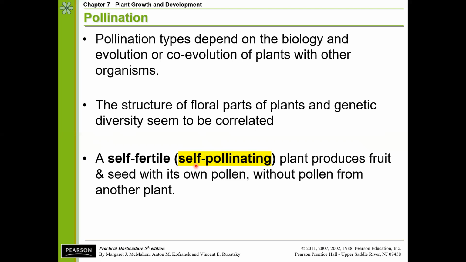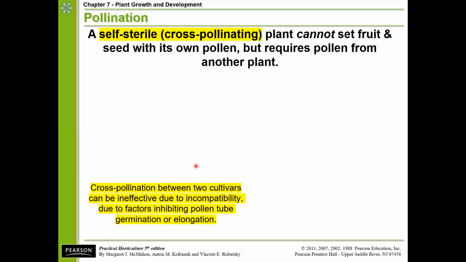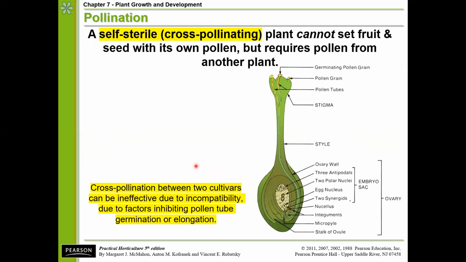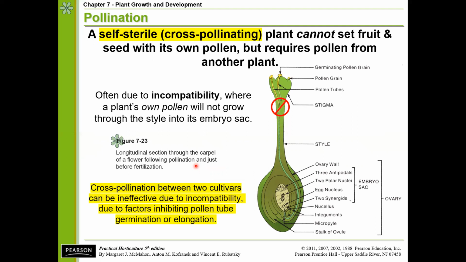And those plants are often very easy to save pure seed from because of that self-pollination. Then we have cross-pollinating plants. They cannot set fruit and seed with their own pollen, so they require it from another plant. These are the ones that are difficult to save seed from because the pollen is usually transferred either by insects or wind, and it can travel sometimes several miles.